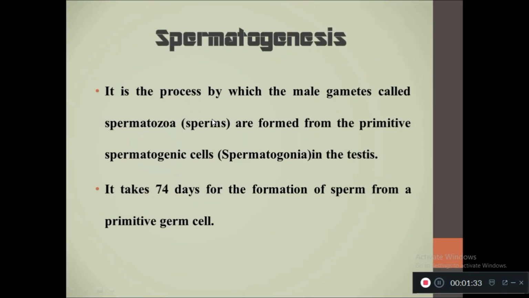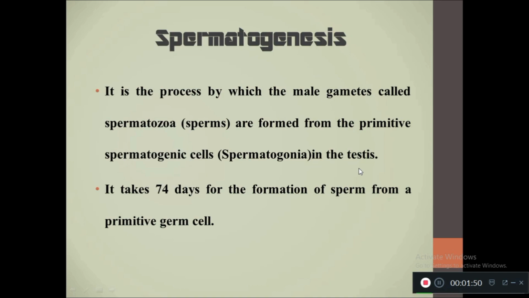Spermatogenesis is a process by which the male gametes called spermatozoa, or sperms, are formed from the primitive spermatogenic cells, which are called spermatogonia, in the testis.